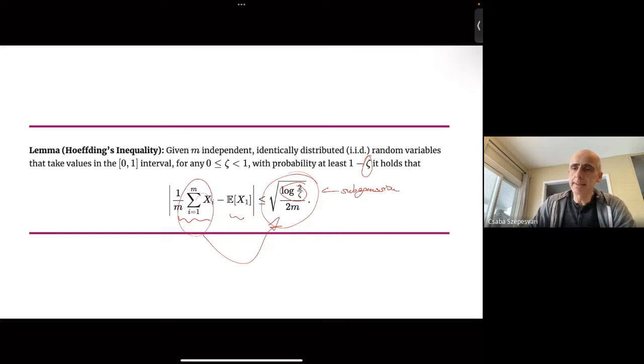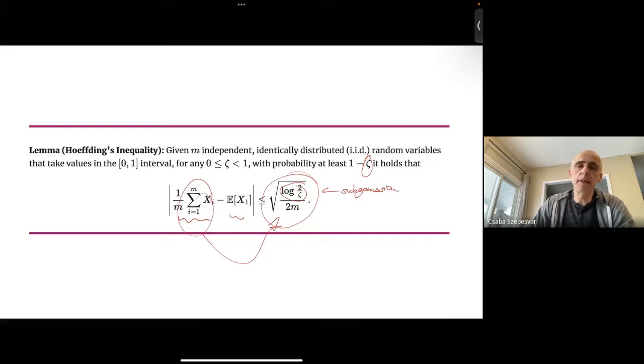And so that is the case which makes this inequality tight, which kind of foreshadows that you could have refinements of this inequality that would exploit that perhaps these random variables have much smaller variance.